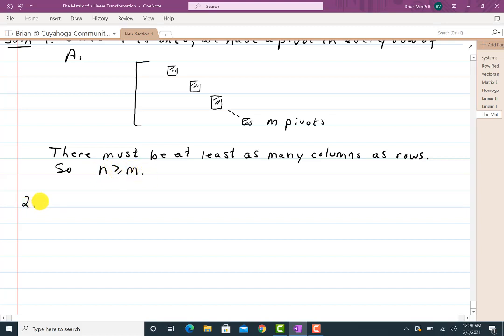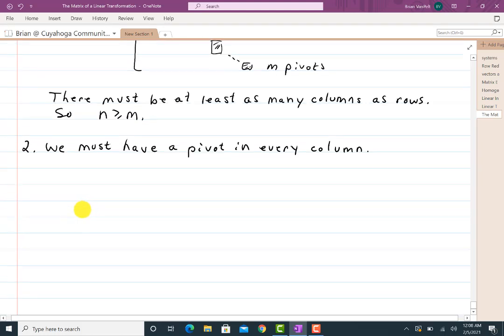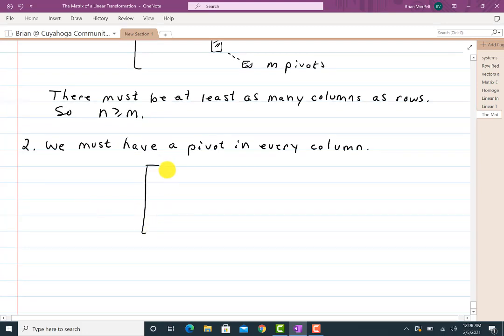Now this part, what if it's 1 to 1? In this case, we must have a pivot in every column. Once again, I need one in the first column, I need one in the second column, dot, dot, dot, and I've got to have one in the nth column. But as I saw before, it's okay if we have zeros after that.